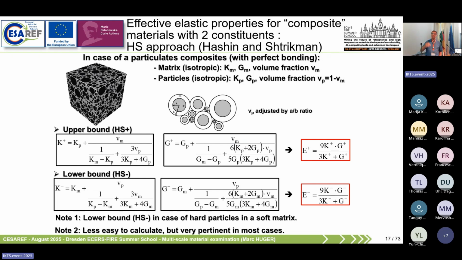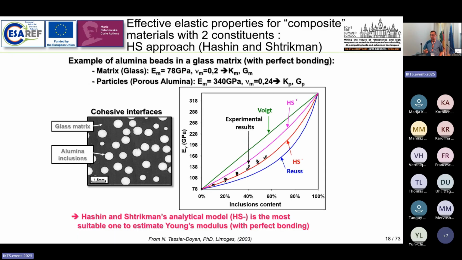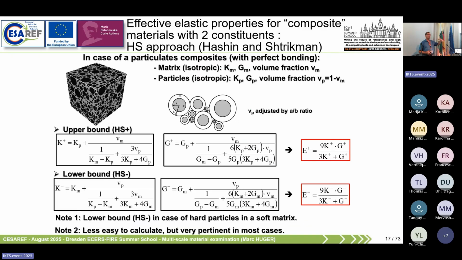Of course, this is much more complex to introduce in Excel, but nevertheless, this is a formulation which works well. Because when I went into the refractory area 30 years ago, I came from composites, so I was very familiar with these kinds of things, and I tried to understand why we are not at the right level with this very complex composite of refractory.